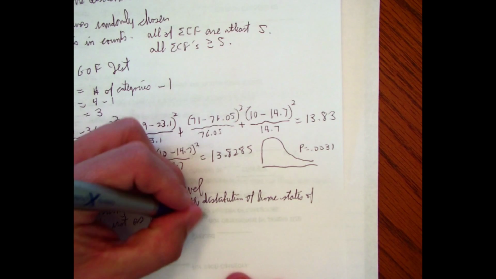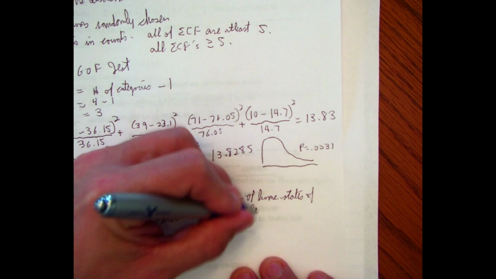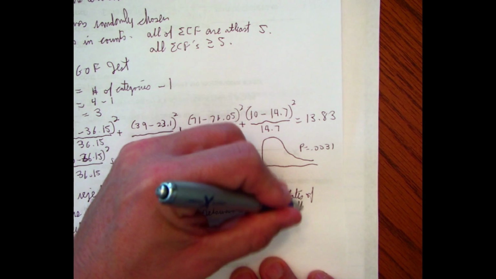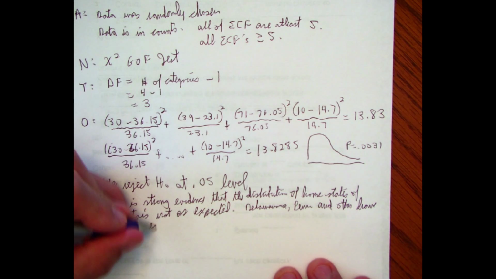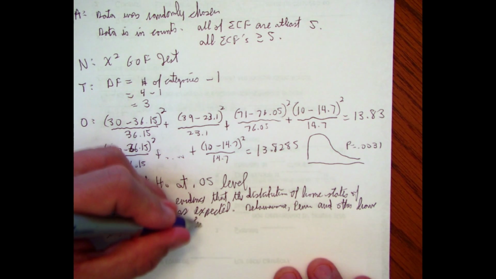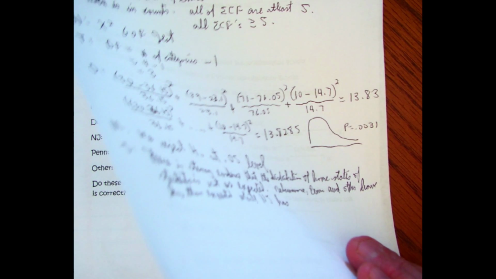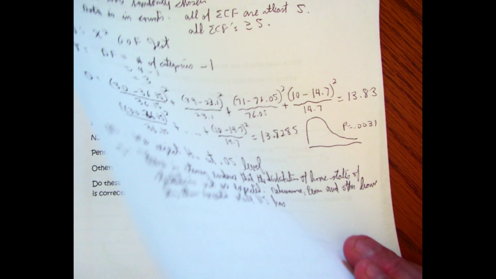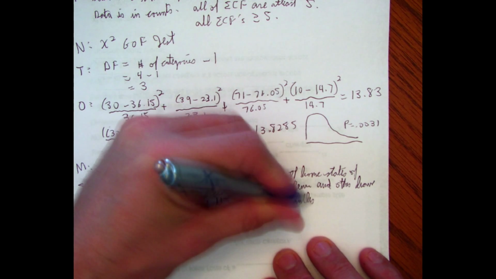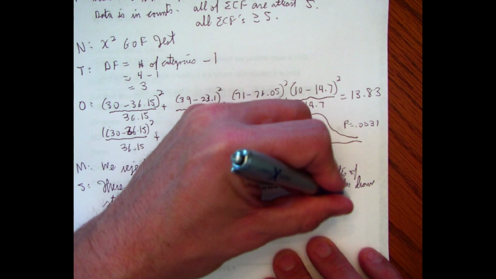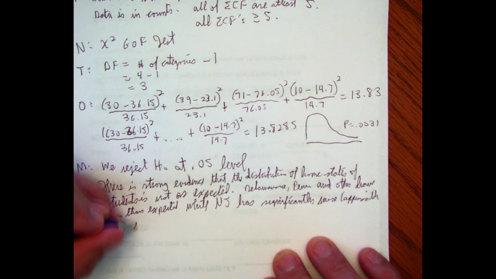So I would just put Delaware, Pennsylvania, and other have less than expected, while New Jersey has significantly more, approximately 16, more than expected.